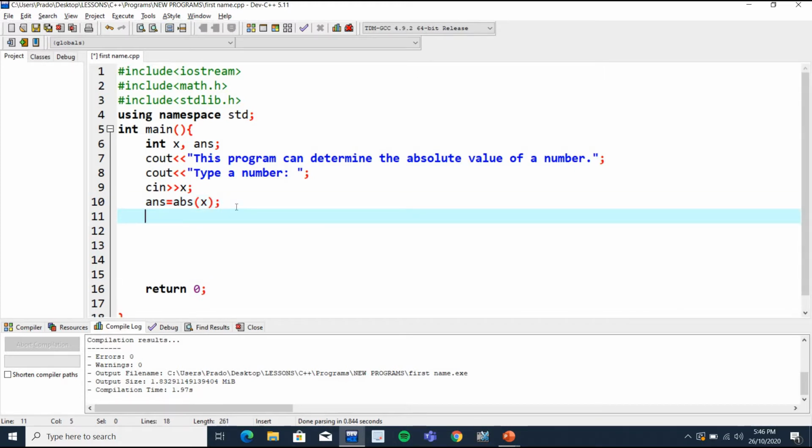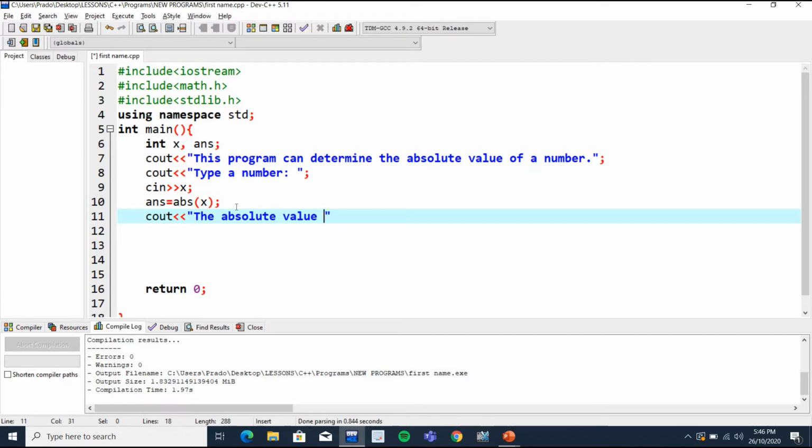After natin malagay, syempre, ang formula, di-display na po mismo ng program yung sagot. Which is, ang kailangan nating ilagay is cout. So, cout, the absolute value. Para mas okay po siya, mas okay kung i-display din natin yung nilagay niyang number.